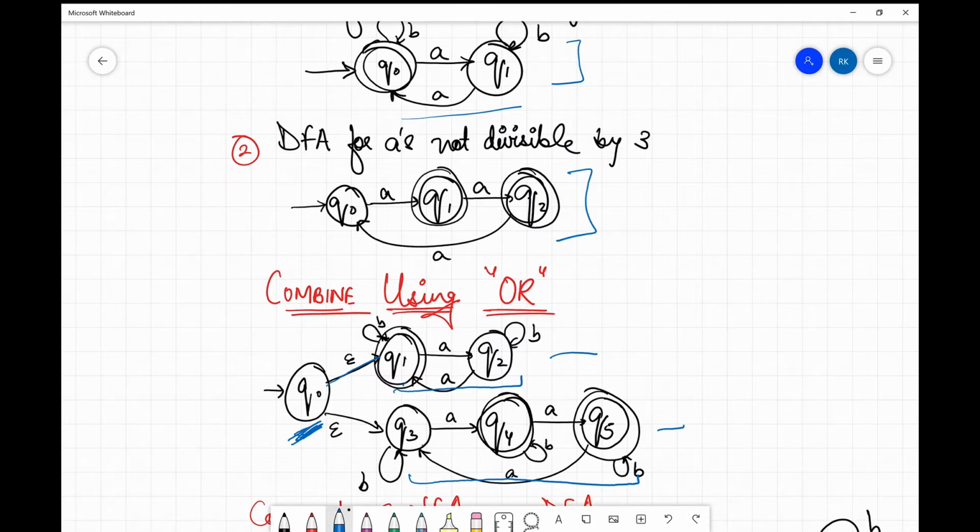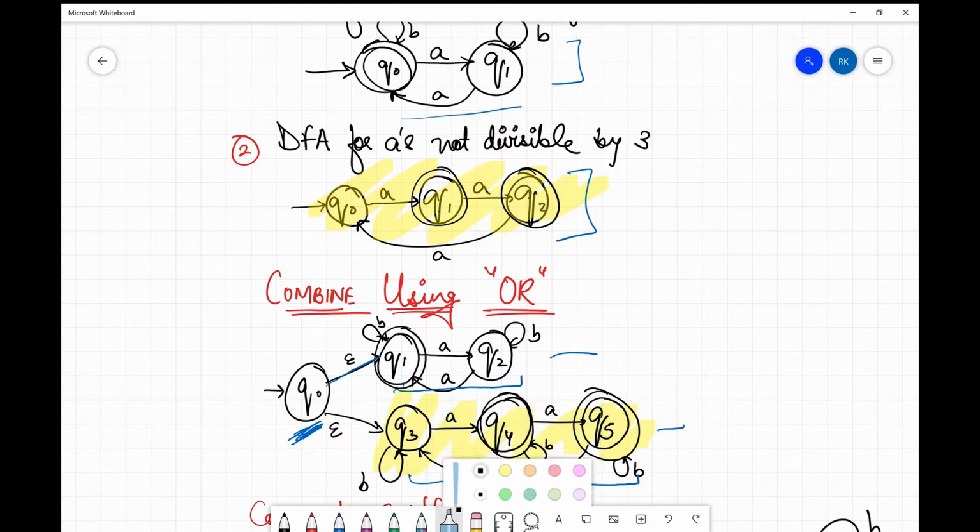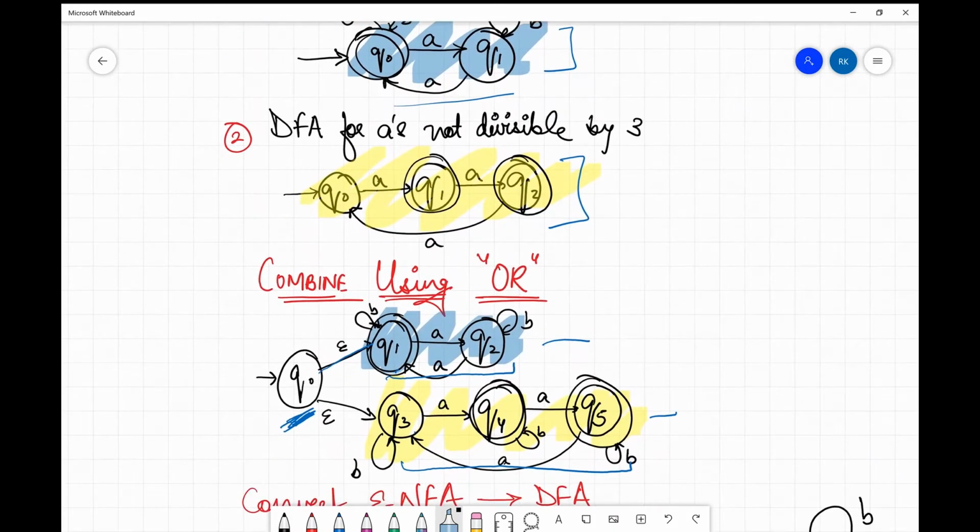And this entire thing is the same as this, and this entire thing is the same as this. That is what I'm trying to say. I've just combined both of them using epsilon transitions from a new state Q naught. So that is the basic logic of how we combine the two DFAs using the OR constraint.